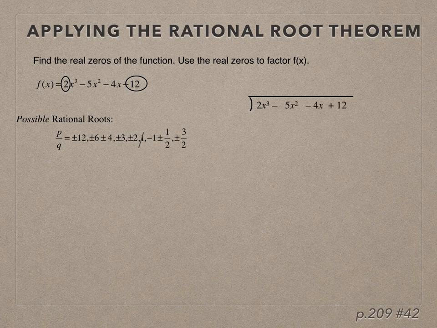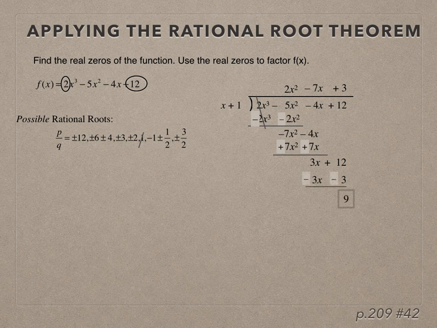This time we'll divide by x plus 1. In doing so, if I get a remainder of 0, negative 1 is a root. So I go through the same process. x times what is 2x cubed? I multiply by the binomial terms. To subtract, I change my signs and I add. x times what is negative 7x squared? x times what is 3x?